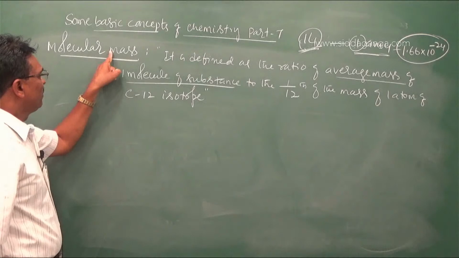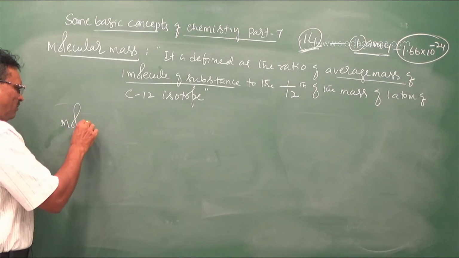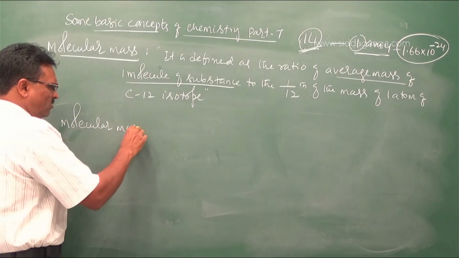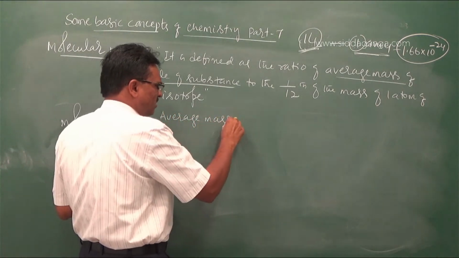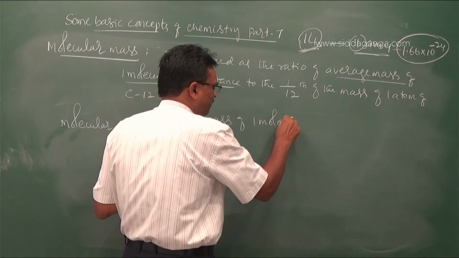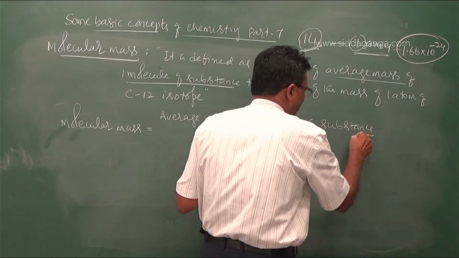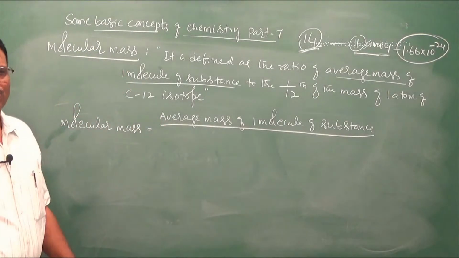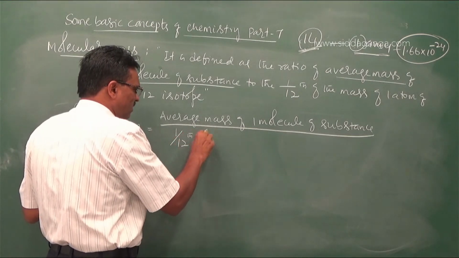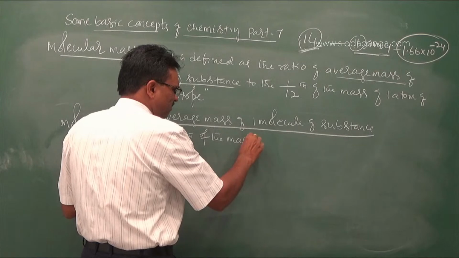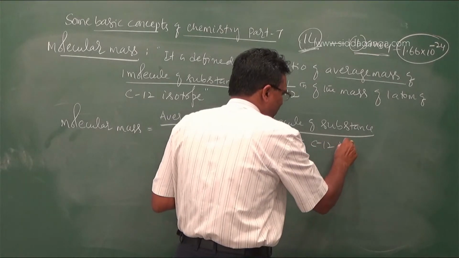For substances, molecular mass. Clear? So molecular mass is equal to average mass of one molecule of substance divided by 1/12 of the mass of one atom of carbon 12 isotope.